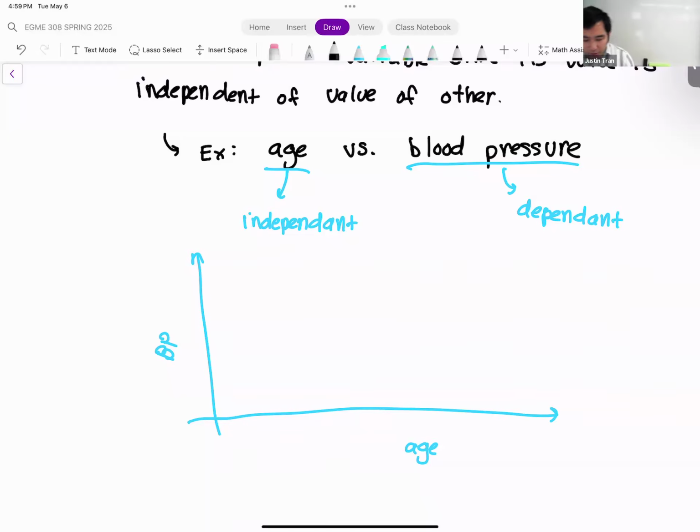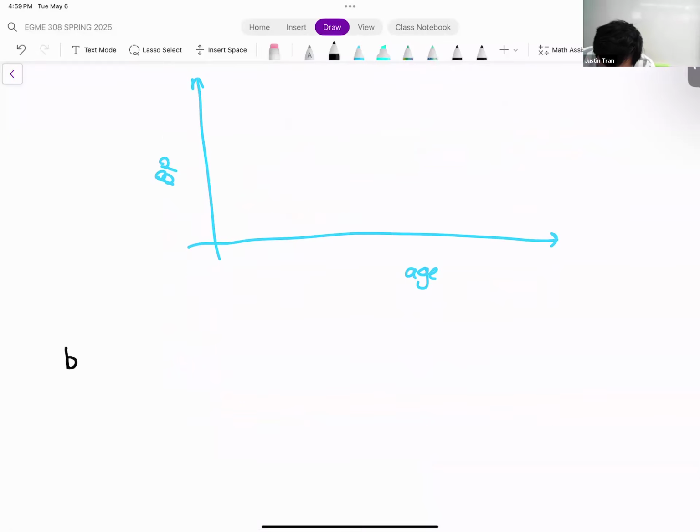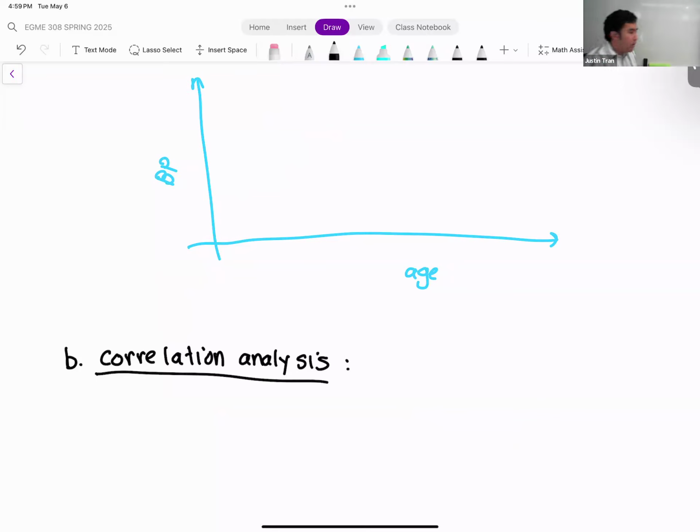Okay, so the other type of analysis that you can do is known as a correlation analysis. And so in a correlation analysis, both variables are assumed to be uncertain, and they depend on each other.